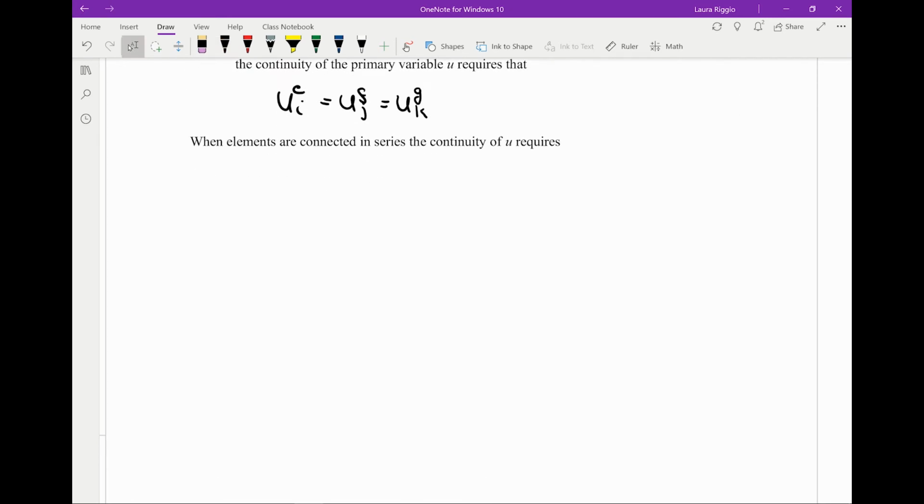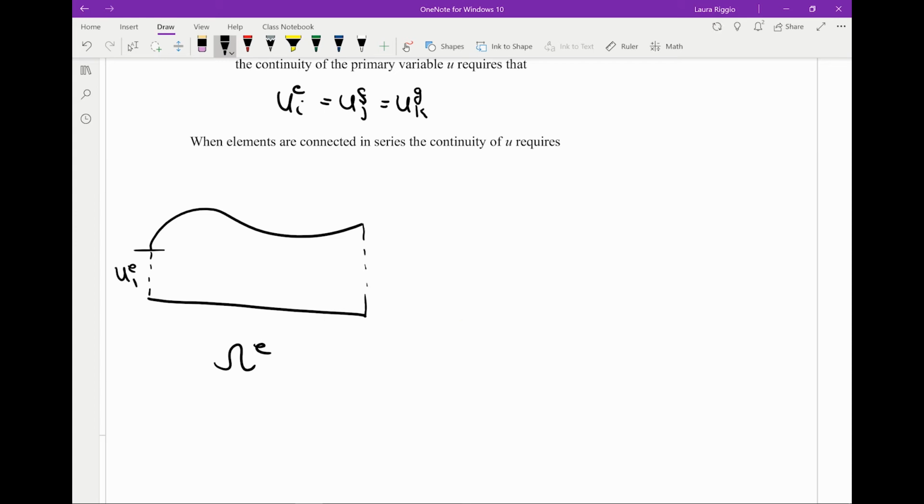pretty much what I'm saying is here's one element. Here's element omega. I have some function. I have U1 on this side, and I have UN on this side. And then I have another element. This is element E plus 1. And I have some more function.